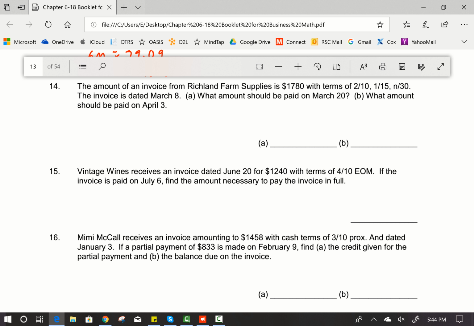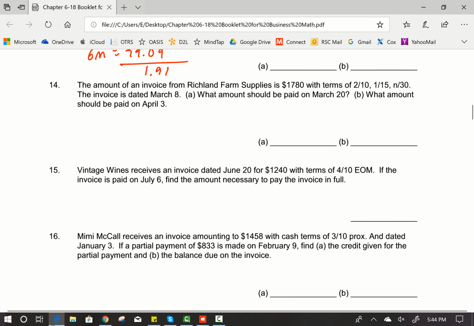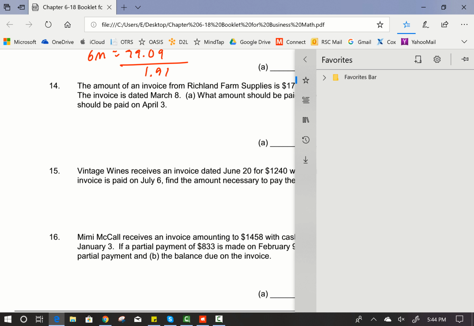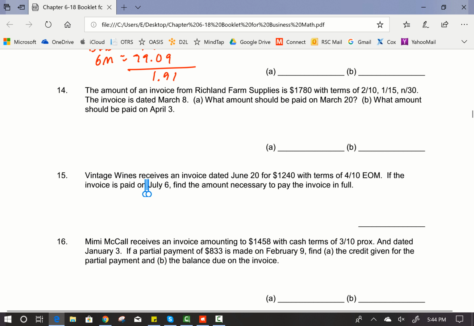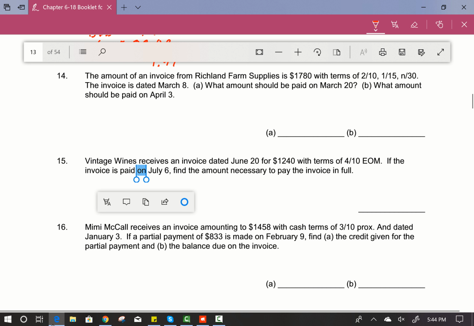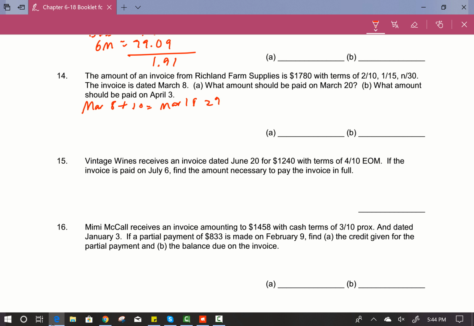You can see it by the format of the terms. The invoice is dated on March the 8th. March the 8th plus 10 days equals March the 18th, and that's going to be a 2% discount.